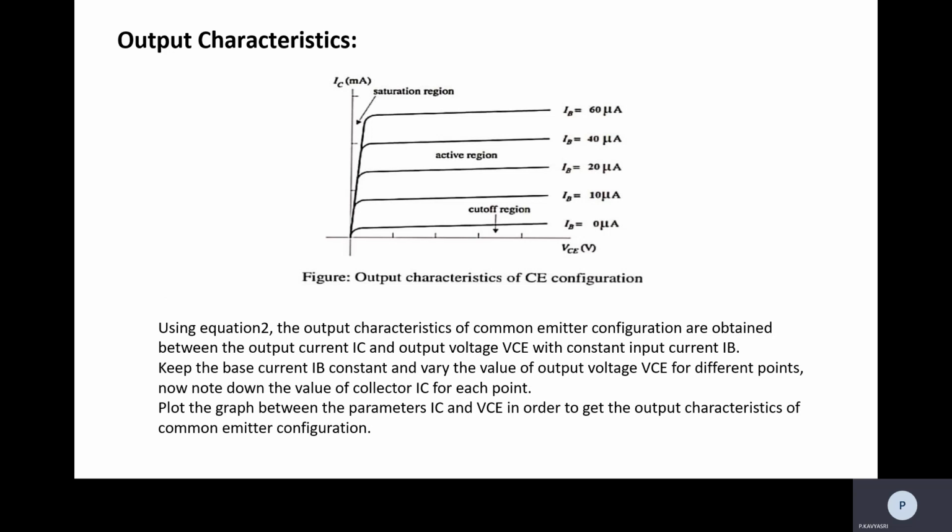We are taking different IB values, like 0, 10, 20, 40 up to 60. So these are the output characteristics of a CE configuration.